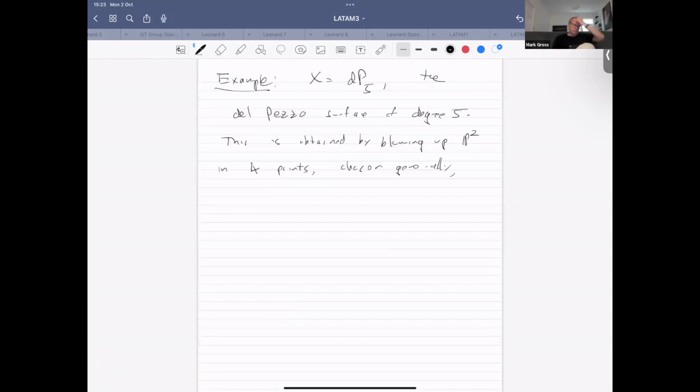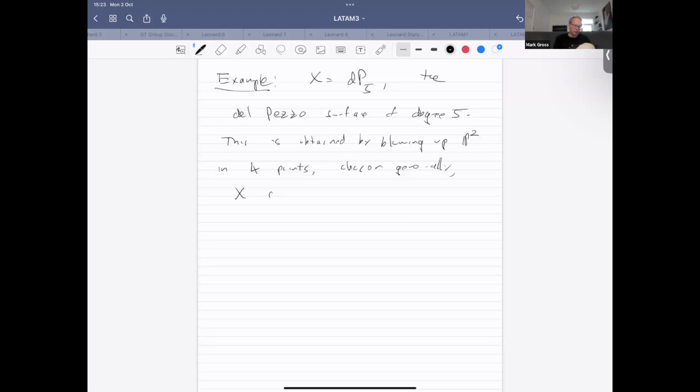And then, well, okay, so I need to tell you what D is. It's well known that such a surface, once it's embedded in P5, contains 10 lines, or 10 what are called -1 curves.